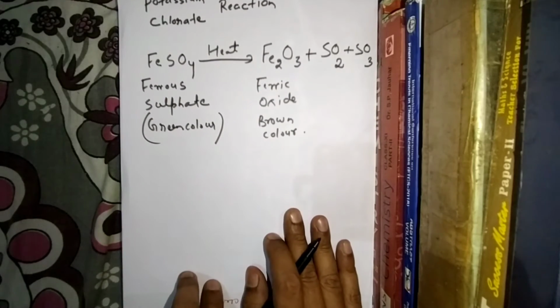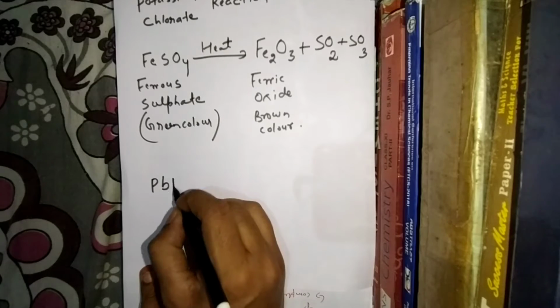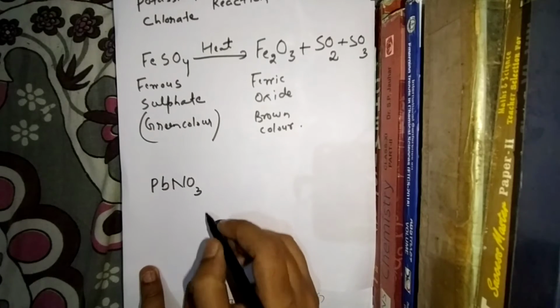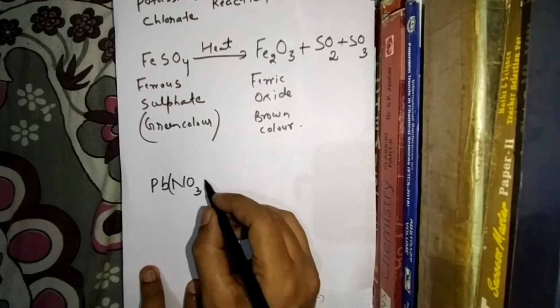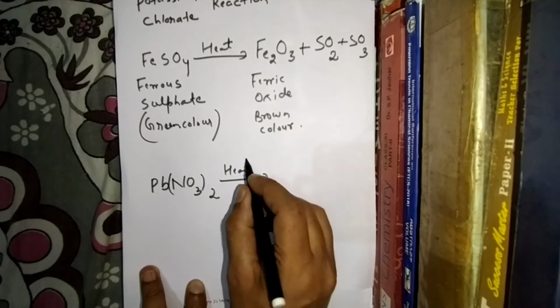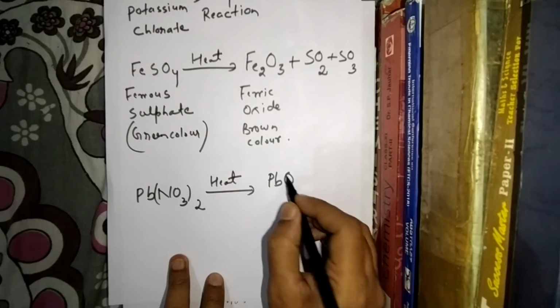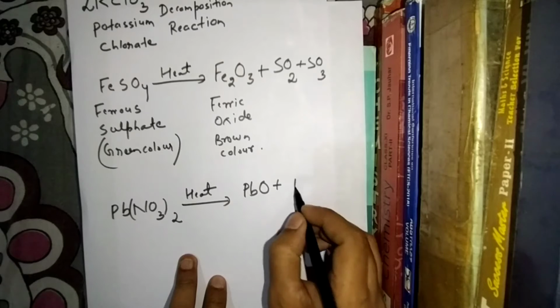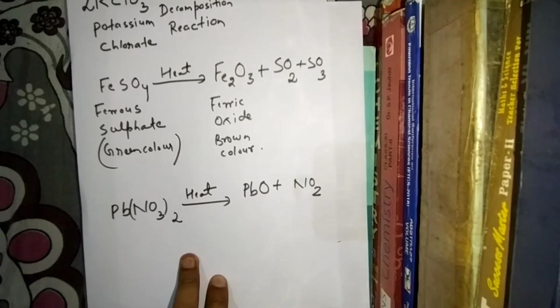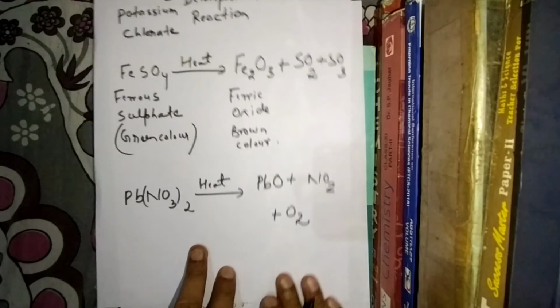Now let us take another example. When lead nitrate, Pb(NO3)2, is heated, it decomposes to give lead oxide plus NO2 plus oxygen gas.